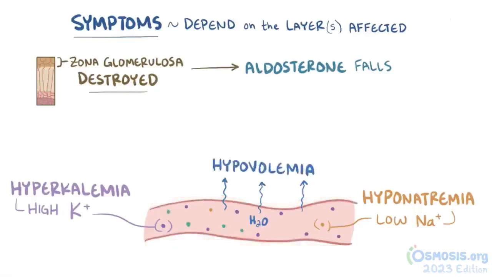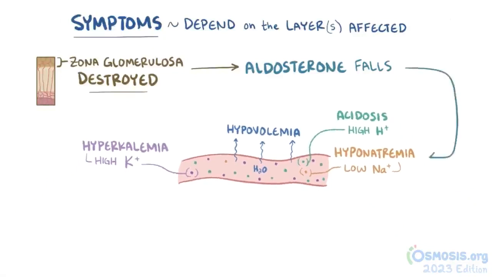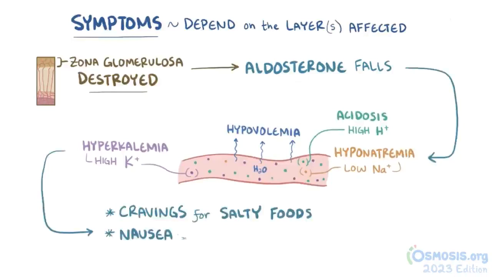Finally, fewer protons are lost, meaning more build up in the blood, and that results in an acidosis, and more specifically a metabolic acidosis, since it's caused by the kidneys. These electrolyte changes in hypovolemia can cause symptoms like cravings for salty foods with simultaneous nausea and vomiting, fatigue, and dizziness that worsens with standing.